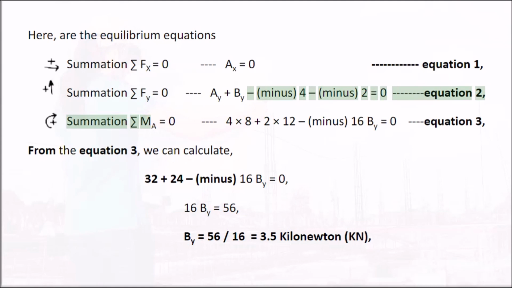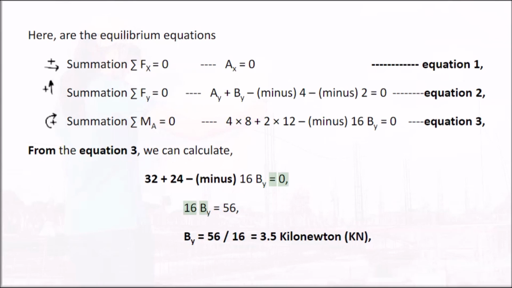Equation 2, summation MA equals 0, 4 times 8 plus 2 times 12 minus 16 By equals 0. Equation 3. From equation 3, we can calculate 32 plus 24 minus 16 By equals 0.